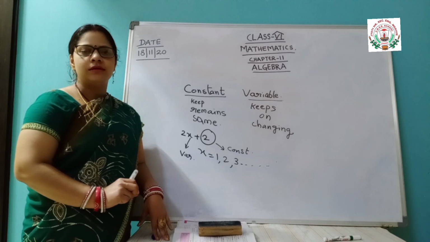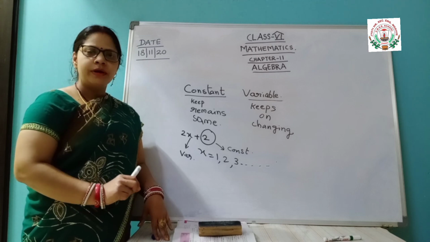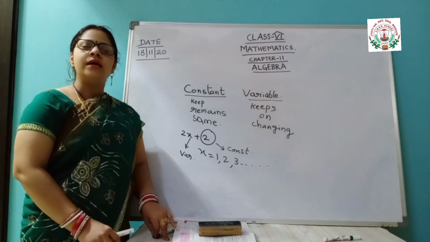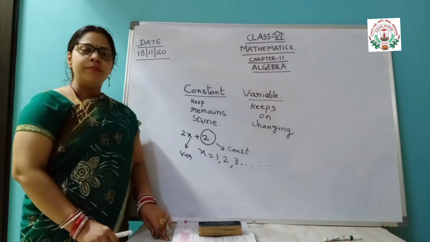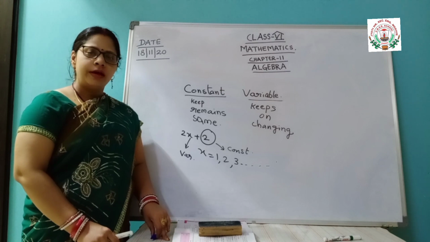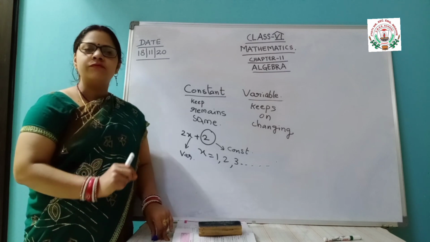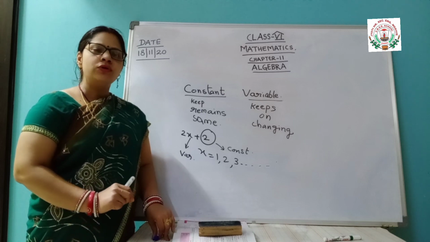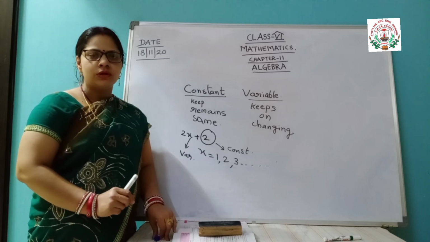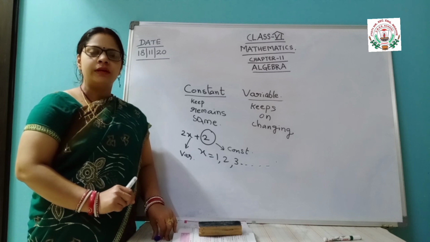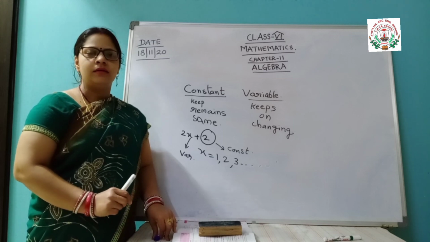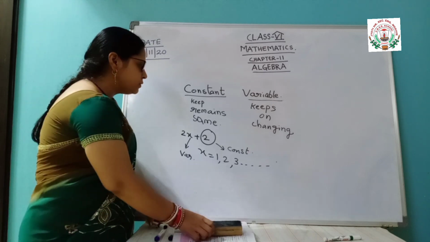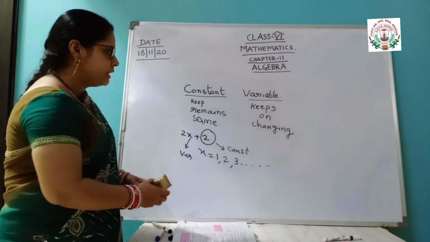It does not keep changing. वो कभी बदलेगा नहीं, जो नंबर है वो नंबर वही रहेगा. But if you are using any variable, meaning an alphabet, that variable will also have some value. उस variable का भी कुछ तो value होगा. That value keeps on changing from question to question. अलग अलग question में उस variable की value अलग अलग आएगी. Understood? How it keeps on changing, we will see further in our exercises.